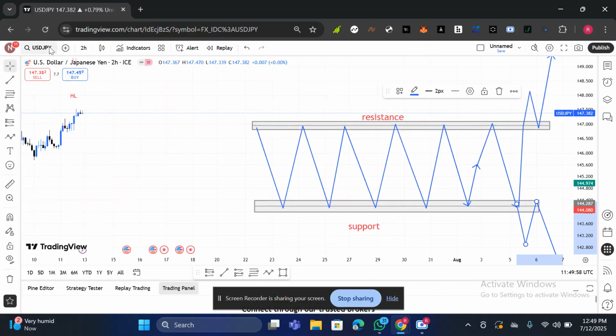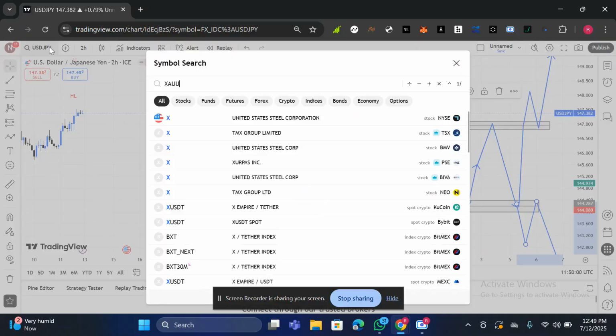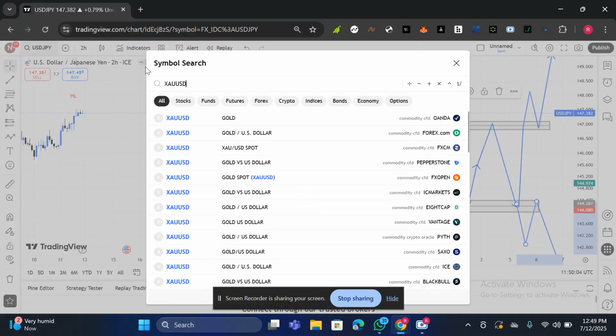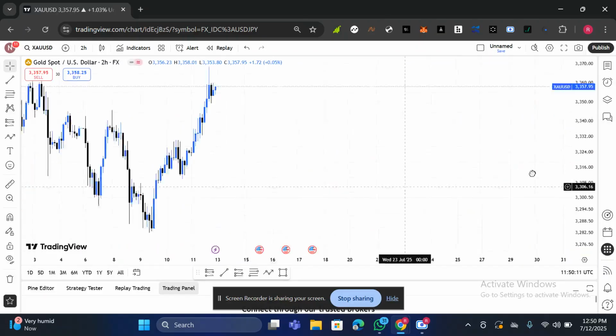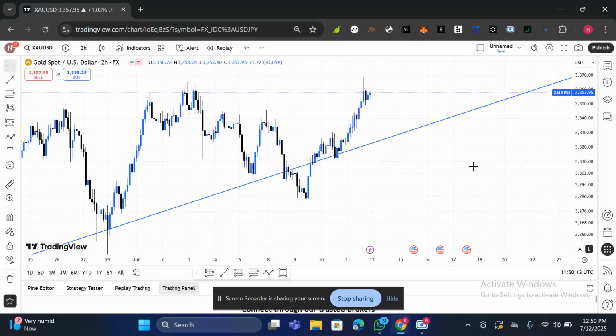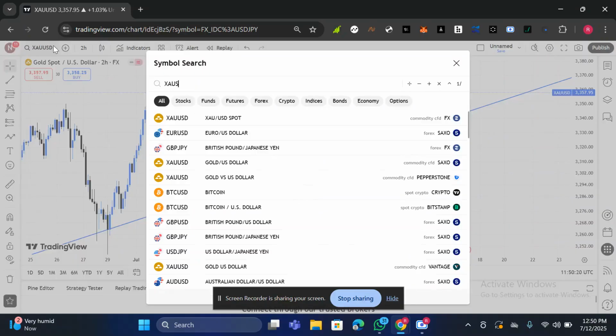Now let me use another chart as an example. Let me make use of gold, XAUSD, as an example here. We're going to be looking at gold from the 2 hours time frame. Let me quickly remove this one because I've already done some little analysis on that.